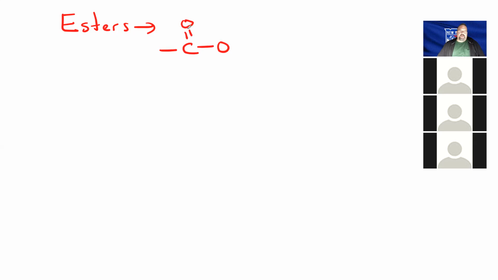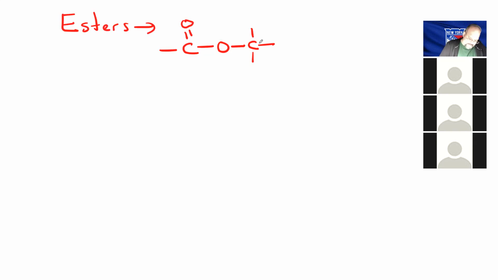You still have the C double bond O. The C double bond O carbon is still singly bonded to the oxygen, but in this case, the oxygen is not bonded to a hydrogen. Instead, that oxygen is bonded to a carbon group. So the way I like to describe it is as C double bond O connected to OC. That essentially is your ester group. It can't really be abbreviated in any way, shape, or form.